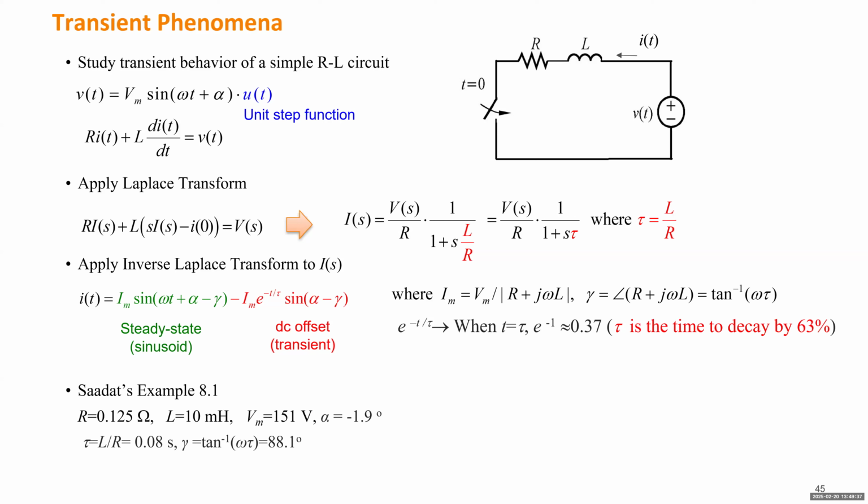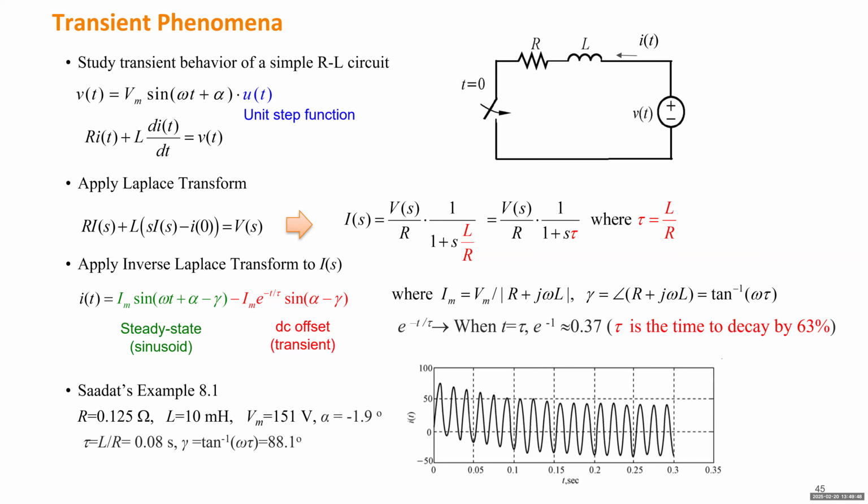Okay, so using the values from one example in the SADS book, where I gave you R, L, and peak value, you can calculate the waveform. The waveform will look like this. This part represents the steady state component, which is a perfect sinusoid.